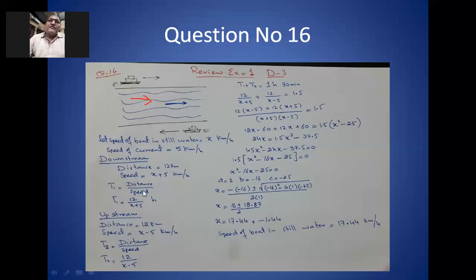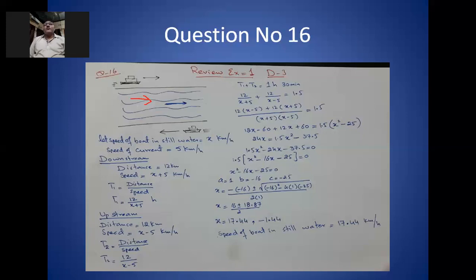The time taken will be distance divided by speed. So the time will be 12 divided by x plus 5, in hours. When you move upstream, the distance traveled again is 12 kilometers, and the speed will be x minus 5. Why x minus 5?